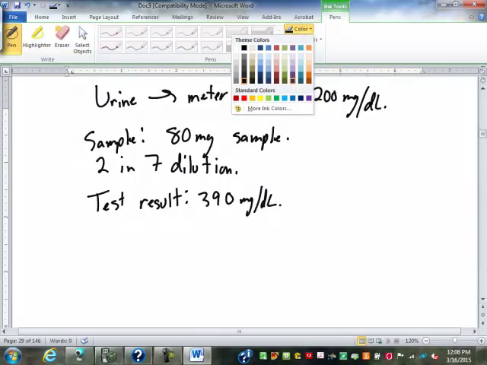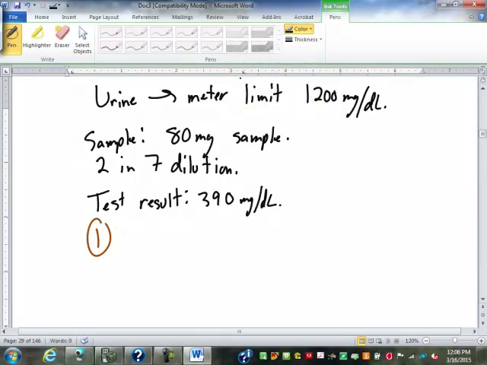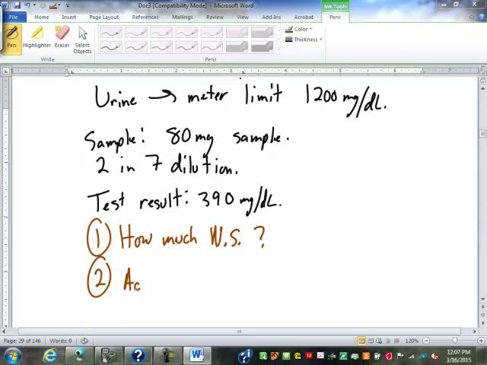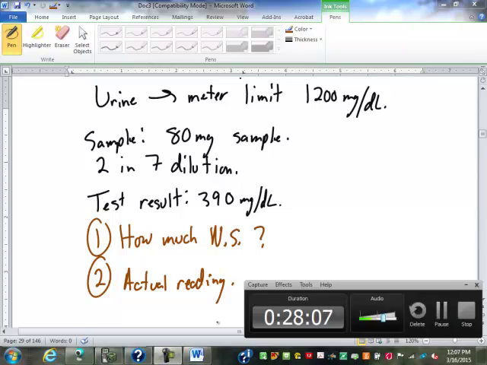So I want you to find two things. One, how much of our neutral solution did we need to use? And two, the actual reading. I'll give you a couple minutes again.